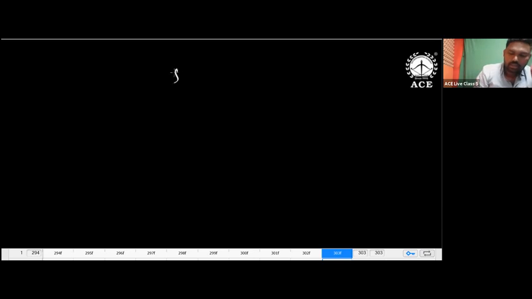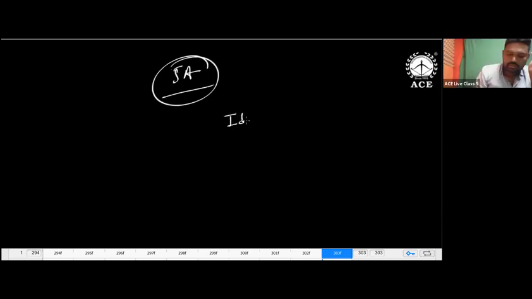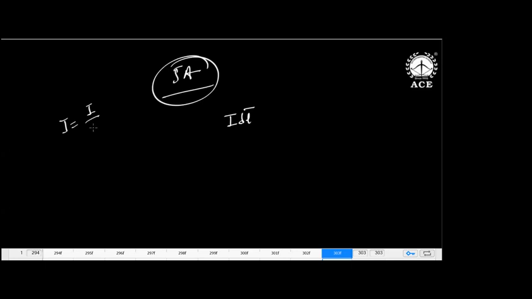Because line current is given, that is the reason I considered that. If the thickness tends to 0, then we can say it is ideal. As it is mentioned, the line current is 5 amperes, this is the only reason I considered ideal. Otherwise, I would need to take I by dA, the area and all that.